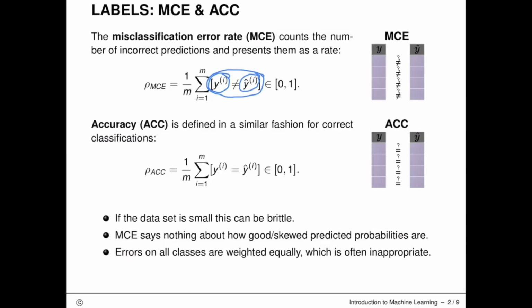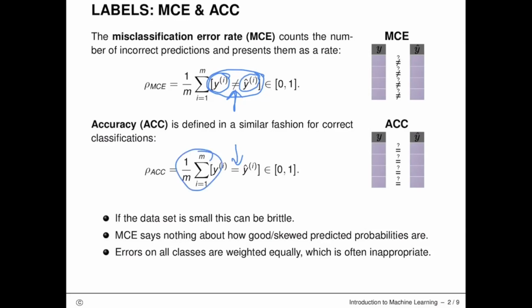And then we just average this, and then we have the misclassification error rate. For the accuracy, we do more or less the same thing. We just don't count those where we have an inequality, but those which are equal. So we count all the correct predictions and average them over the whole data set.